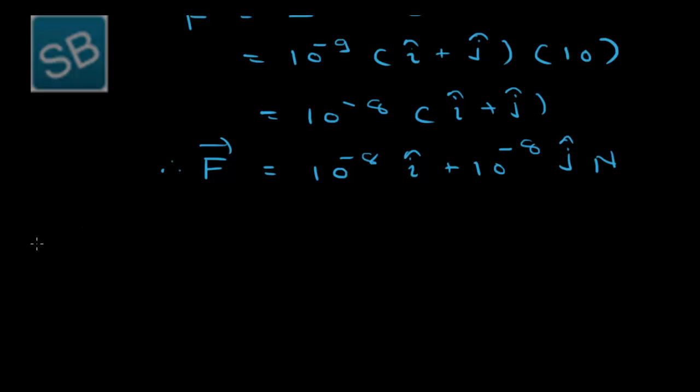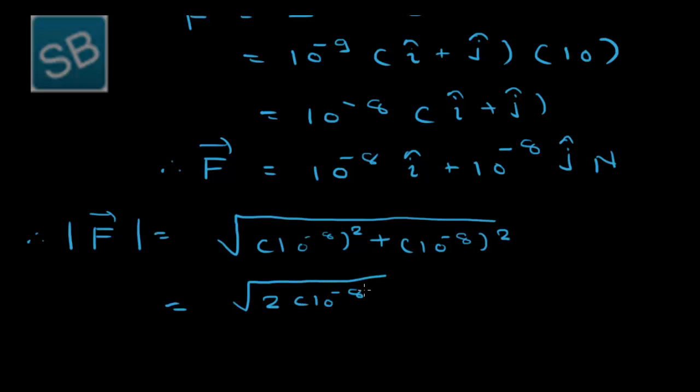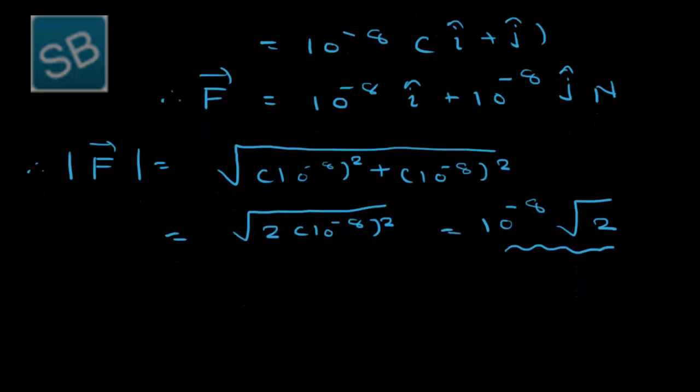And so, the modulus of F is given by the square root of 10 to the power minus 8 whole square plus 10 to the power minus 8 whole square, which is equal to the square root of 2 times 10 to the power minus 8 whole square, that is equal to 10 to the power minus 8 outside and root 2 as it is.